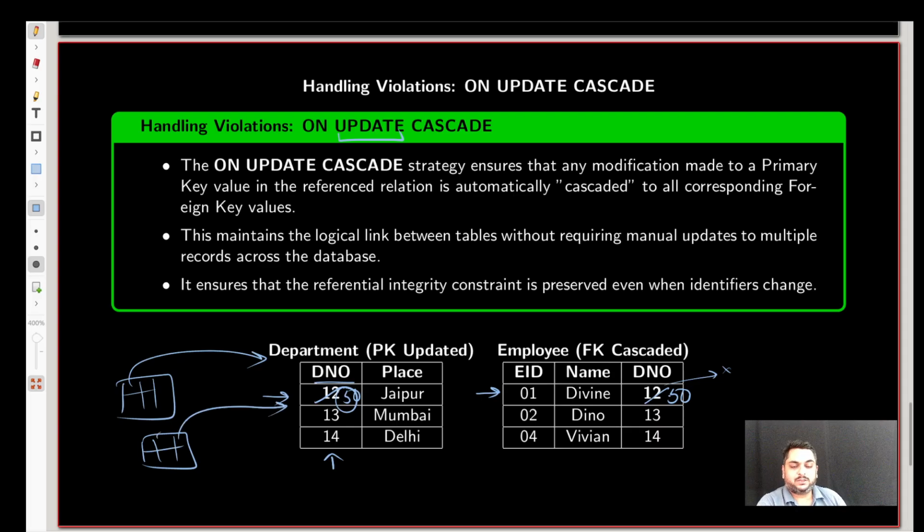Now each table has to be updated. Each row which contains this department number should be updated. This is called cascading, meaning we go on repeatedly updating the tables which contain this department number. That we call ON UPDATE CASCADE. This violation is handled using ON UPDATE CASCADE in SQL-type languages.